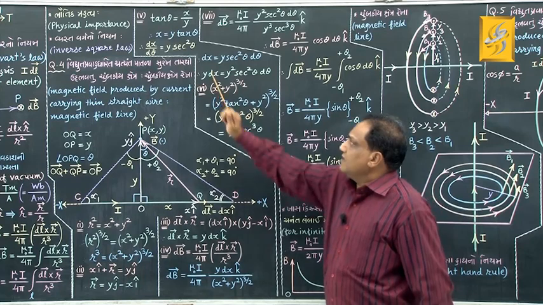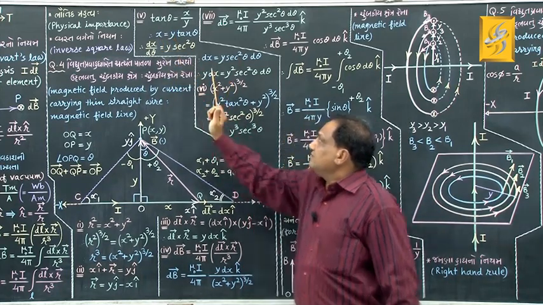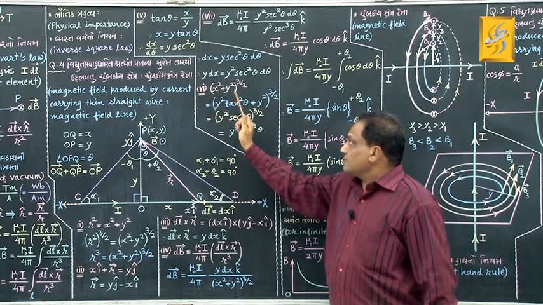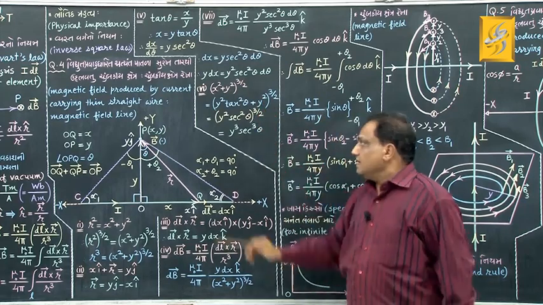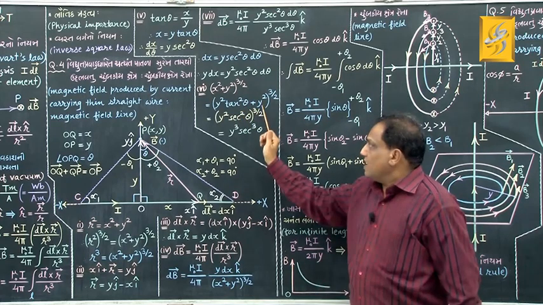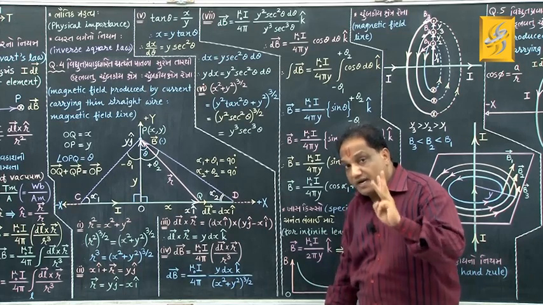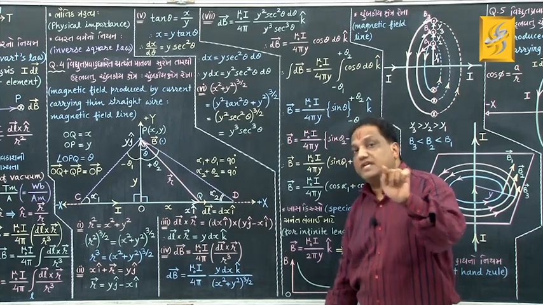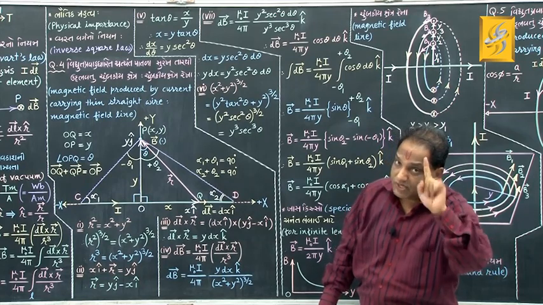I start with x square plus y square whole raised to 3 by 2. Now x square, can't you find it from here? x square will be y square tan square theta, plus y square as it is, whole raised to 3 by 2. Now this y square you can take common, and inside the bracket it will be 1 plus tan square theta. In 11th standard you had studied 3 identities; among those, one was 1 plus tan square theta equals sec square theta.